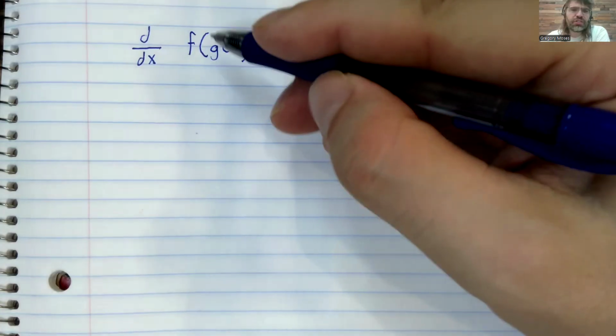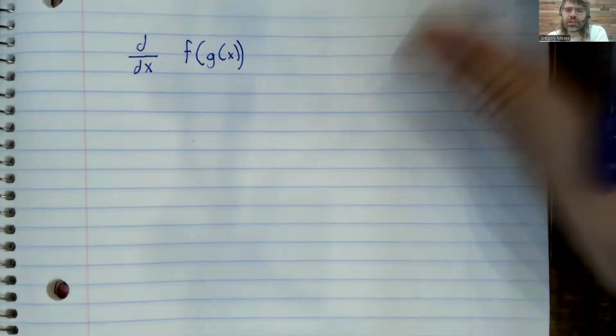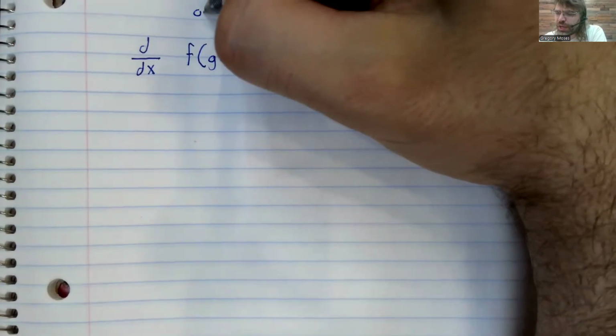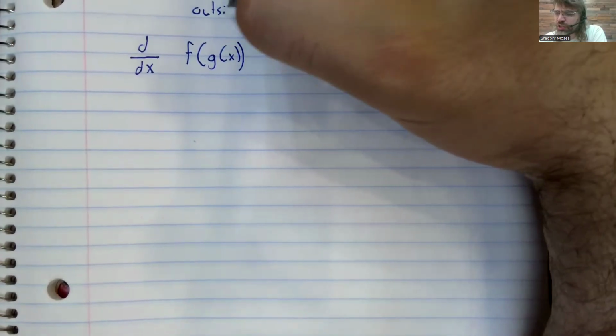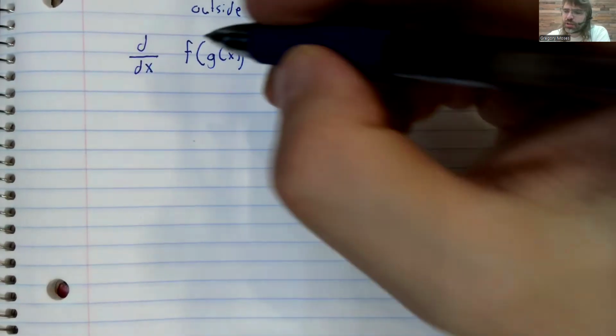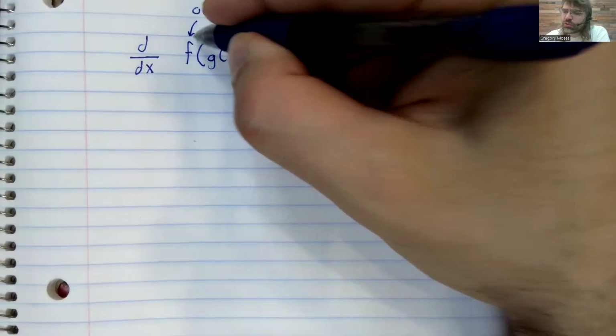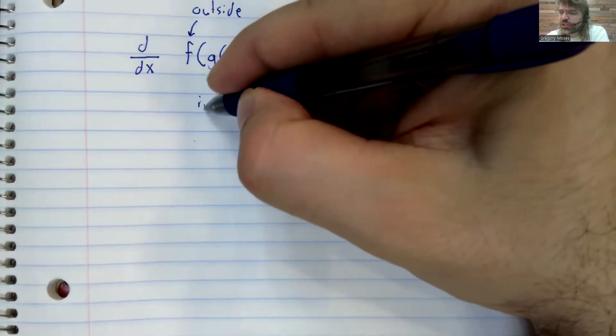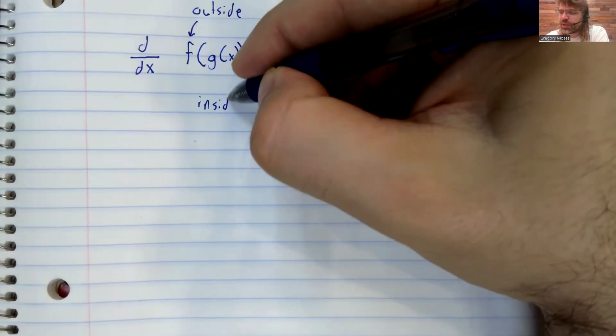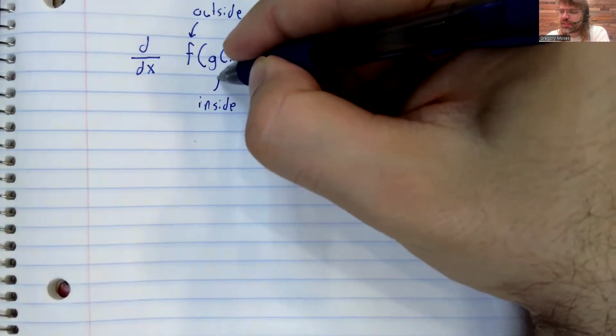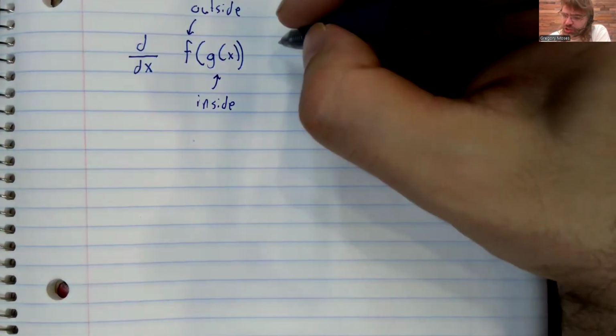Well, a composition is a way of combining functions, and whenever you have a composition, you've got an outside function and an inside function.